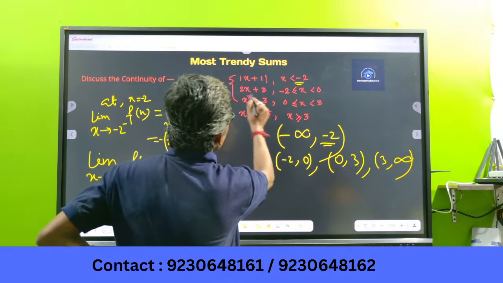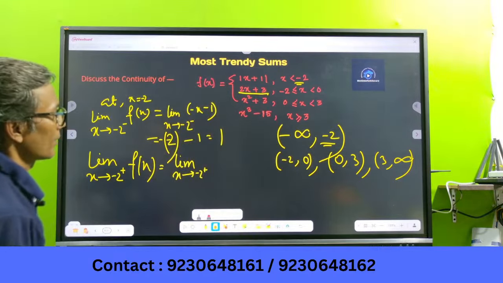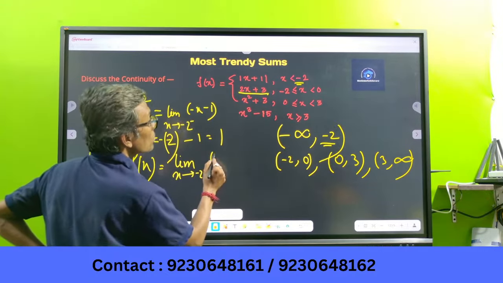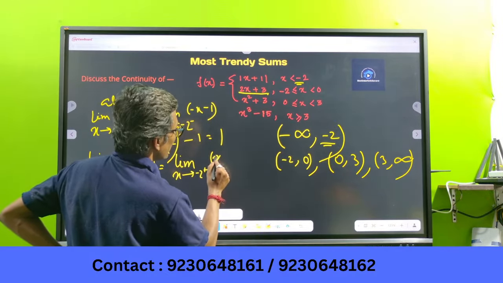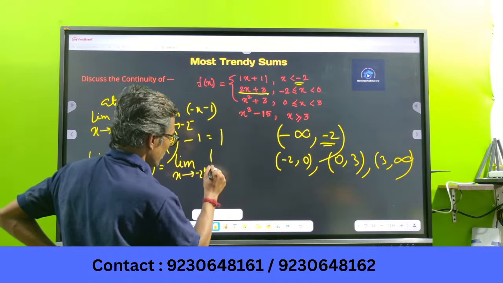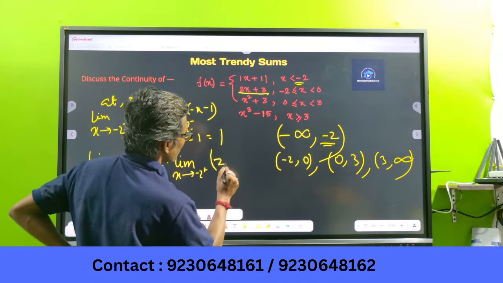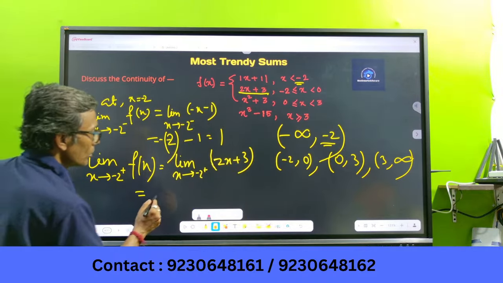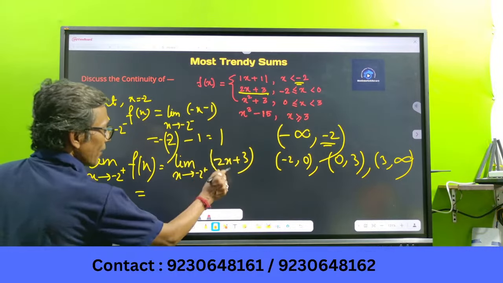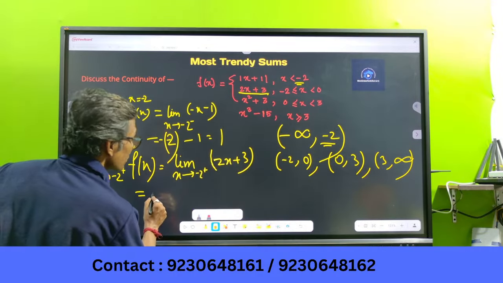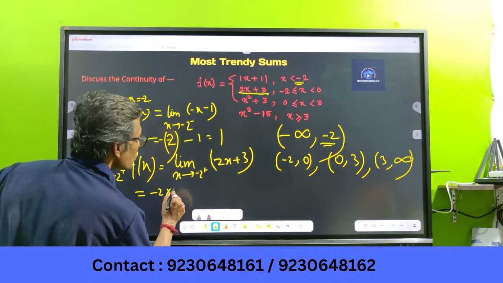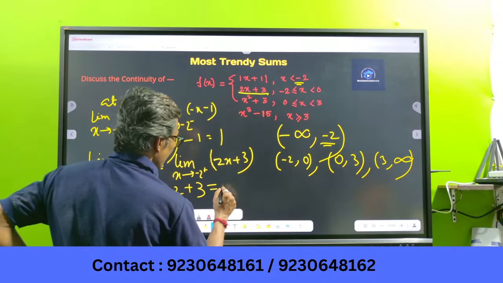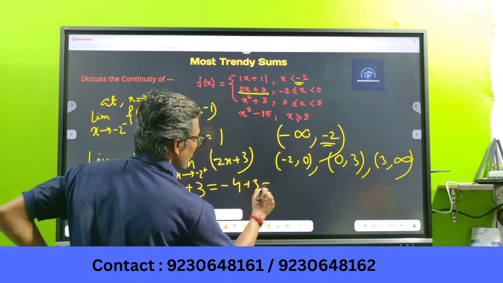This function, because x greater than or equal to -2, that is 2x plus 3. So the limiting value is -2 into 2 plus 3, so -4 plus 3 is equal to -1.